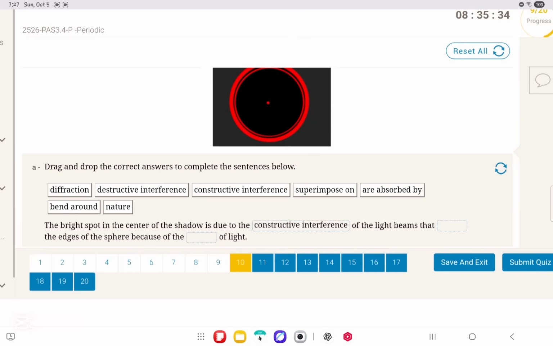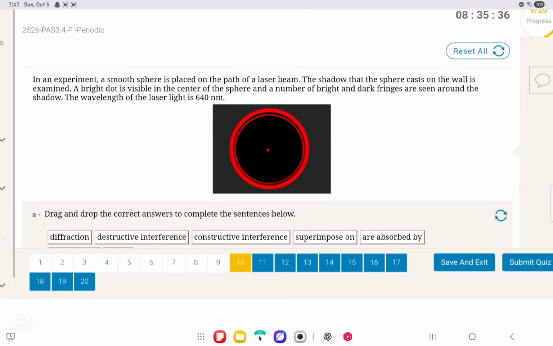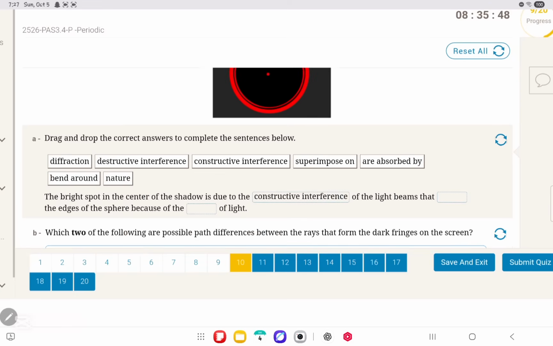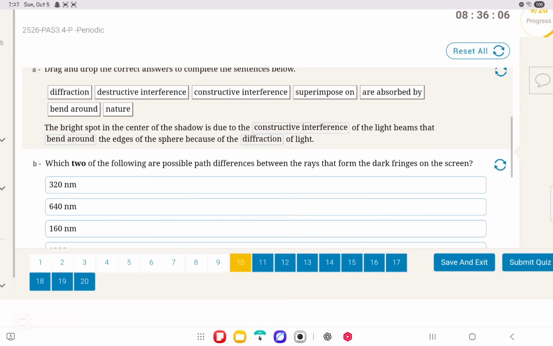This is due to the light beams that bend, because again, it's a smooth sphere being placed on the path of a laser beam. So what's going to happen is that the laser beam is going to diffract, right? It will bend around the sphere. So it's due to the constructive interference of the light beams that bend around the sphere because of the diffraction of light.